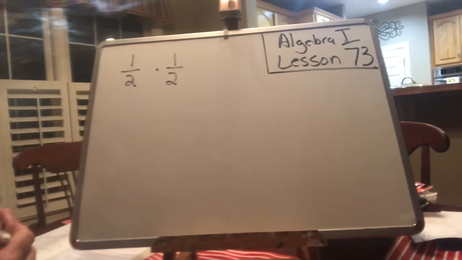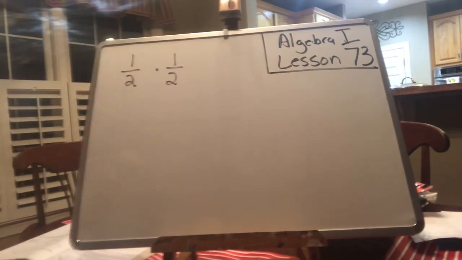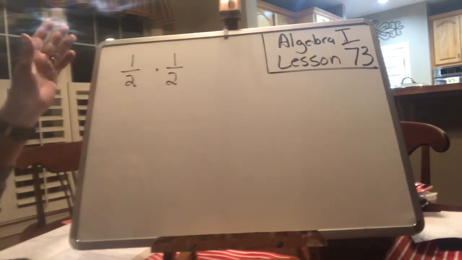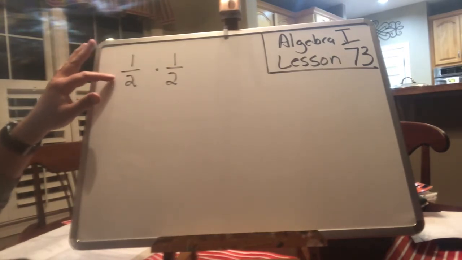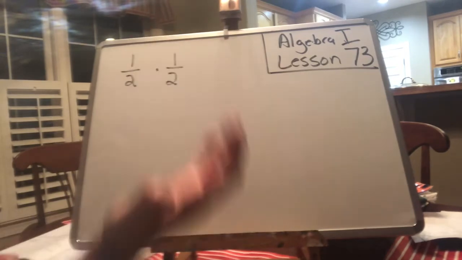Okay, I wrote on the board right here the probability of flipping a coin is 1 out of 2. Let's say I have a probability of flipping tails of 1 out of 2, right? I know the probability of me flipping tails again is also 1 out of 2.